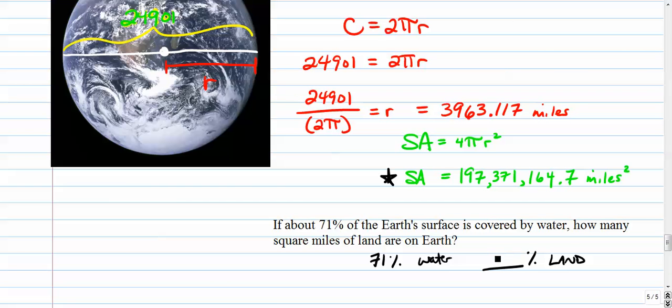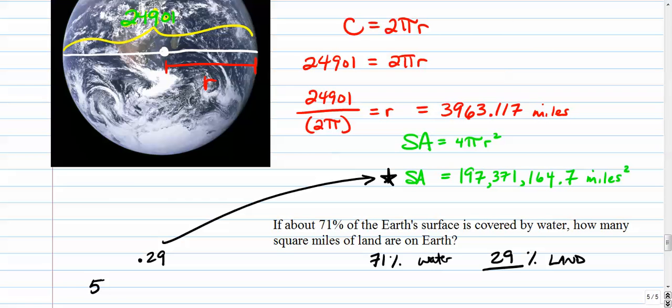That, of course, would be 29. So 29% of the Earth is covered by land. So all you would do is take your total surface area and multiply that by 0.29, and that's how much land there is on Earth.